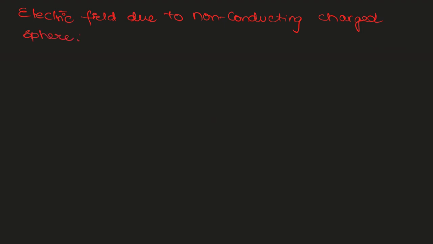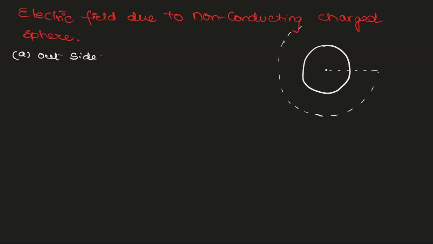That means charge will be distributed throughout its volume. So if we consider a point outside, as it is enclosing complete charge, just like our previous derivation, there will be no big difference.